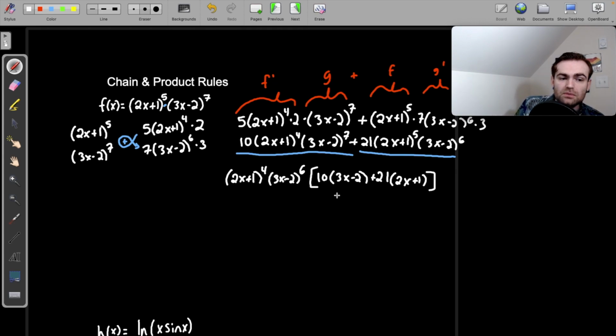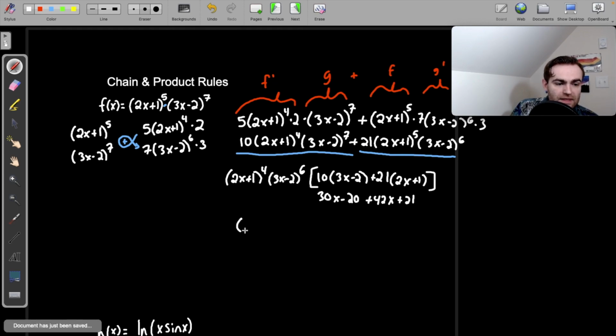We can clean this up a little bit as well, so we can distribute and then combine. So we would have 30x minus 20 plus 42x plus 21, and that'll condense down as well.